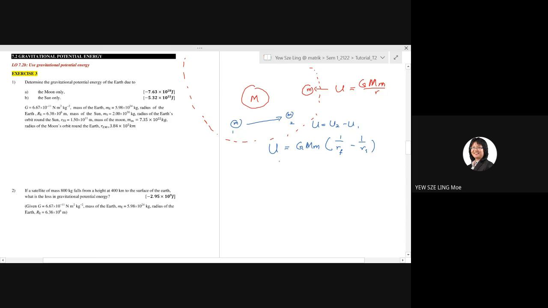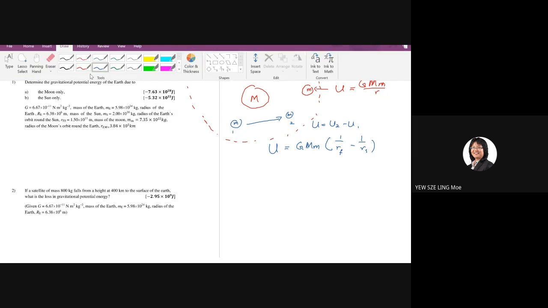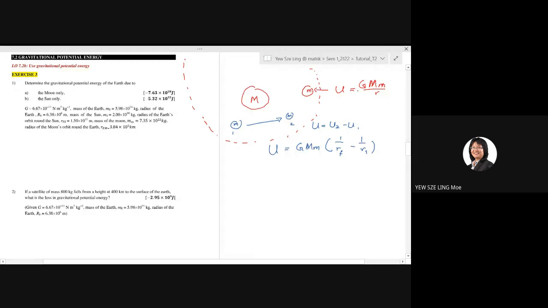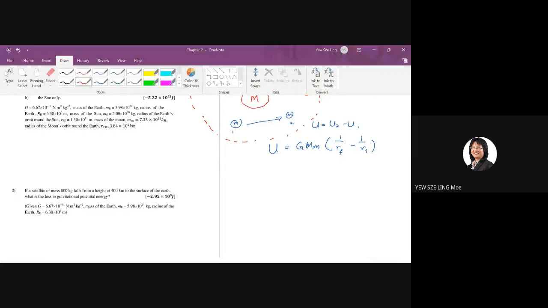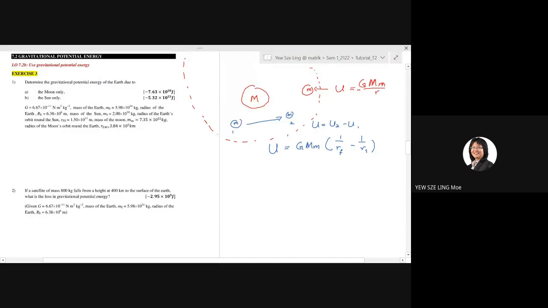Next, we're going to see how to solve it. Oh wait, I missed the negative sign. U should be a negative value. So it's negative GMm over r, and the last equation should be negative GMm times (1 over r final minus 1 over r initial).